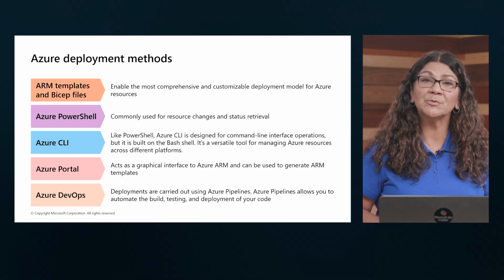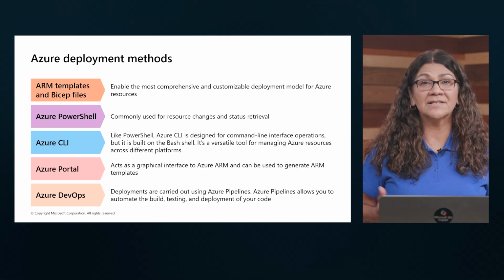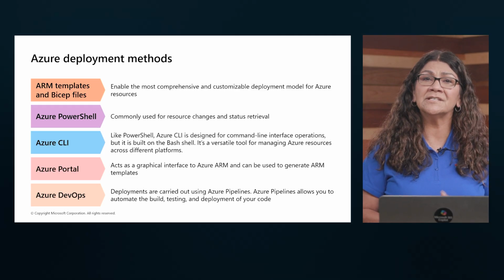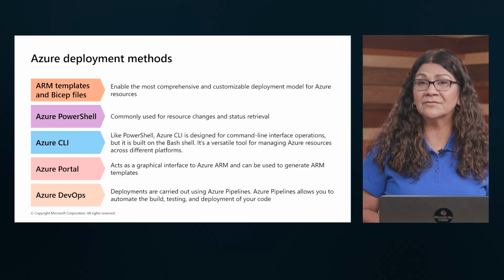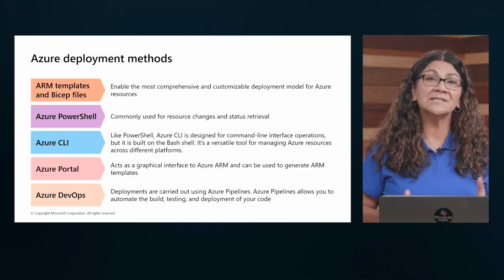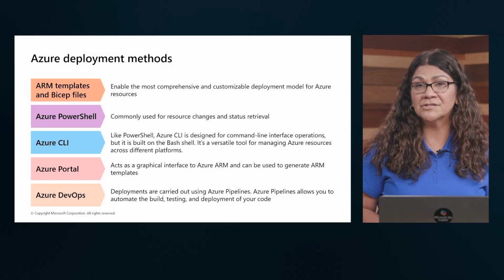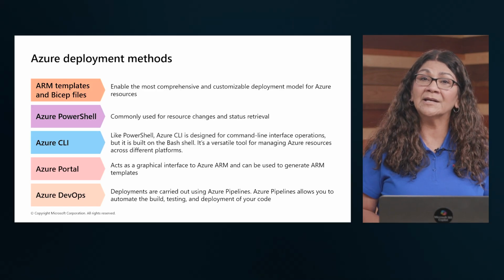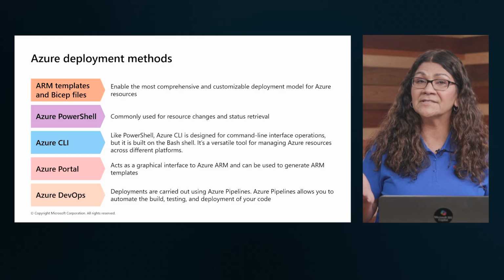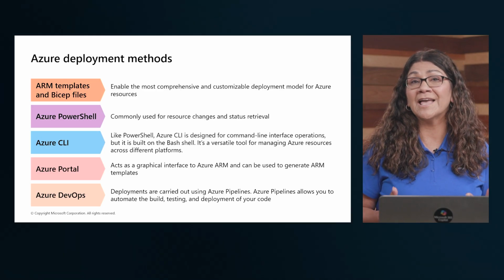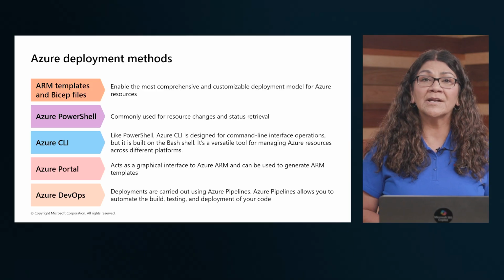Azure deployment methods provide a range of tools and interfaces for deploying and managing Azure resources, each suited to different use cases and levels of complexity. ARM templates and Bicep files offer declarative models for defining infrastructure, with Bicep providing a more readable syntax for lifecycle consistency, and ARM templates supporting orchestration and extensibility, such as running scripts post-deployment.